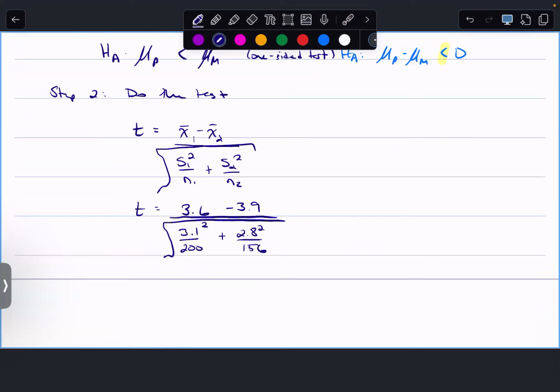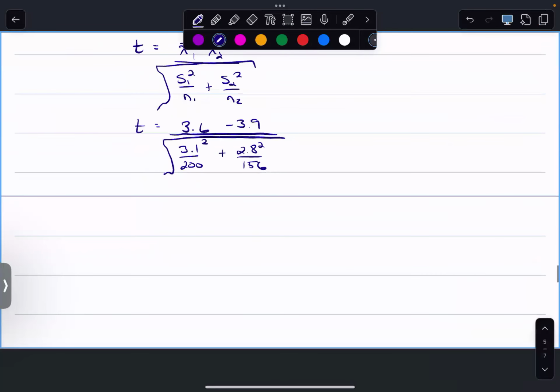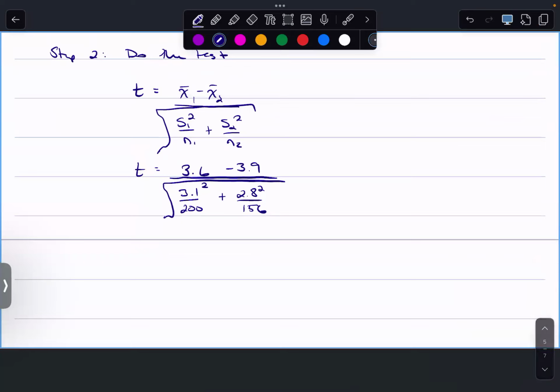There. This is the standard error of x1 bar minus x2 bar.